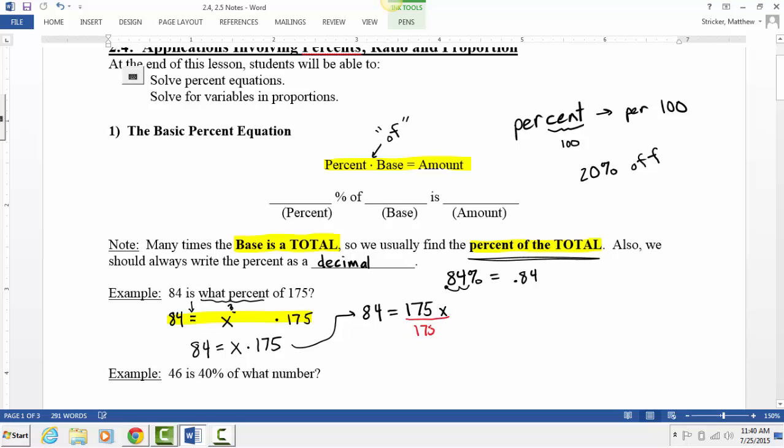So we divide by 175, and you can use your calculators for this calculation. You should get that x is equal to, what do we got? I got 0.48. Remember, this is a decimal, but if we want to think of it as a percent, move the decimal place back 2 places to the right, so that's 48%.